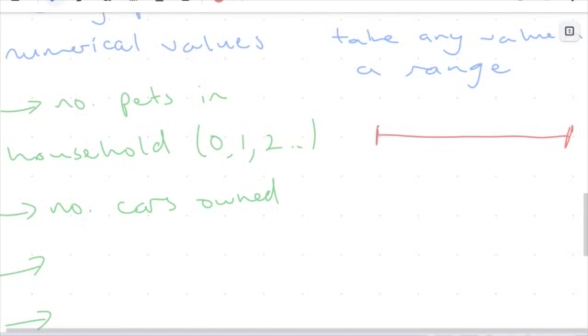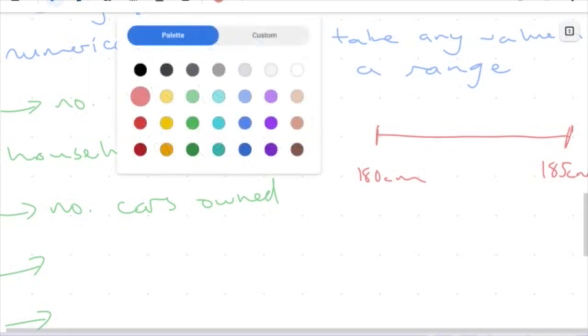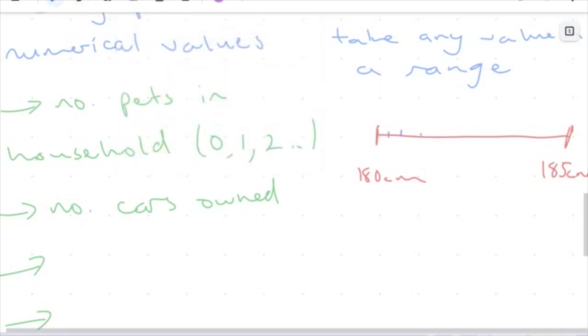There is a continuous spectrum of values. So going from 180 centimeters to 185 centimeters, we have all these continuous little values on a spectrum.